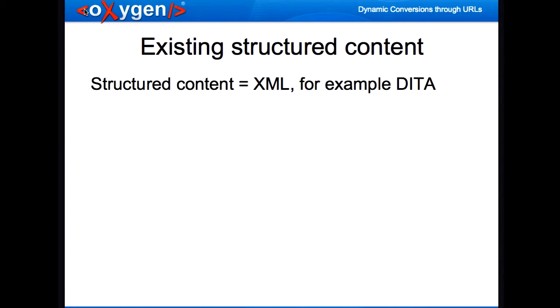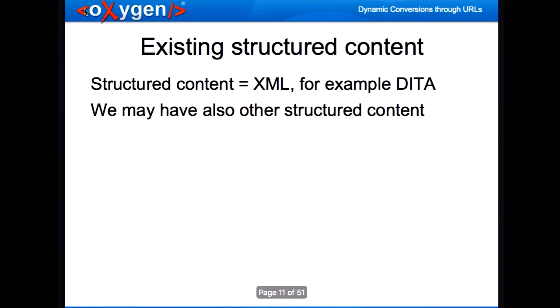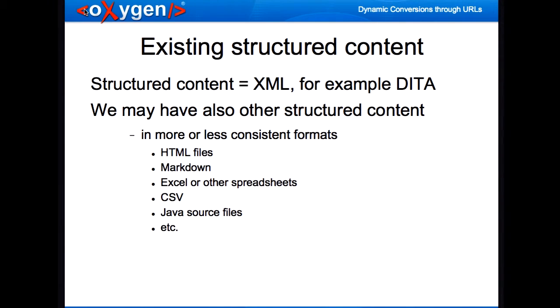So there is structured content as XML and DITA, but then you can have also HTML files, Markdown files, Excel or other types of spreadsheets, comma-separated values, Java source files, like in this case, right, with the API documentation. The Java file is a very structured format. So we can process that as we process XML.